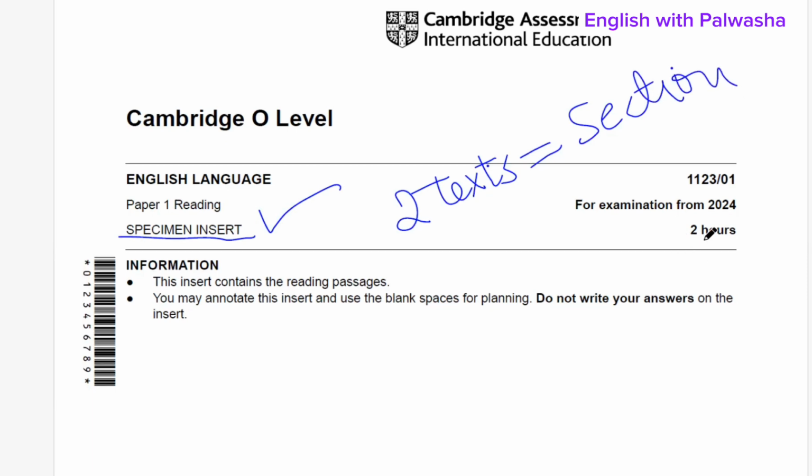This paper is also 2 hours, but you are requested not to write your answers on the insert. You can always use your pencil to highlight the important points, and afterwards you can remove that.